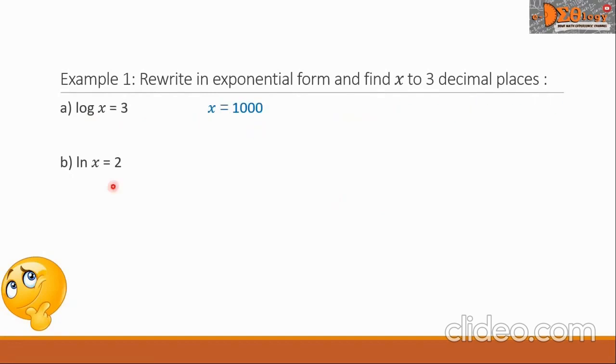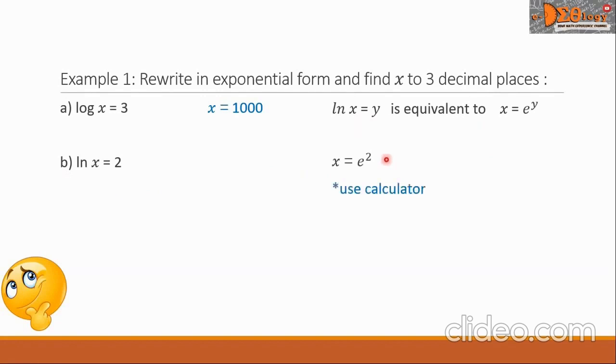Now, let us answer problem B. ln x equals 2. We know that ln x equals y is equivalent to x equals e raised to y. Thus, ln x equals 2 is equivalent to x equals e square.